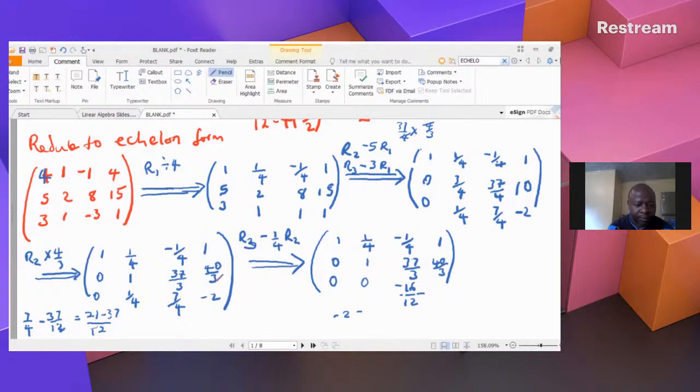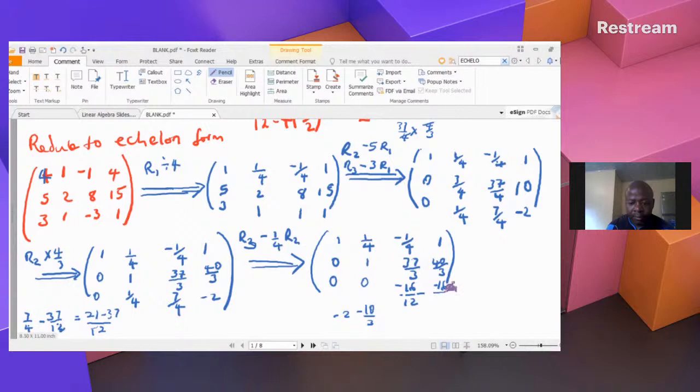It's 10 out of 3. And you can use your calculator here. The LCM is 3. So this would be negative 6 minus 10 out of 3. So this becomes negative 16 out of 3.